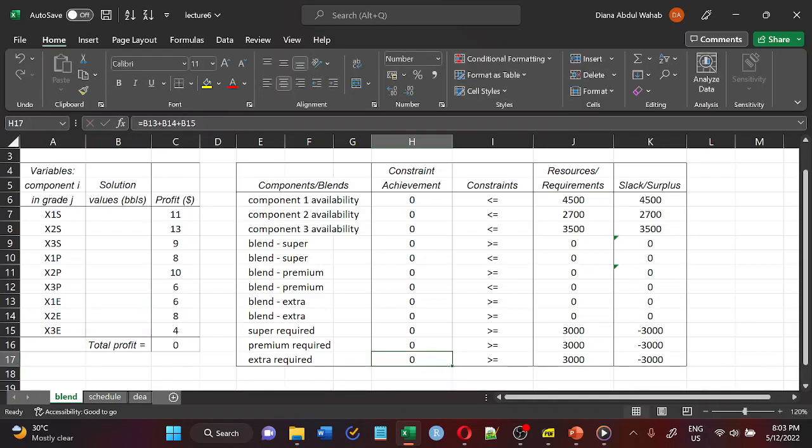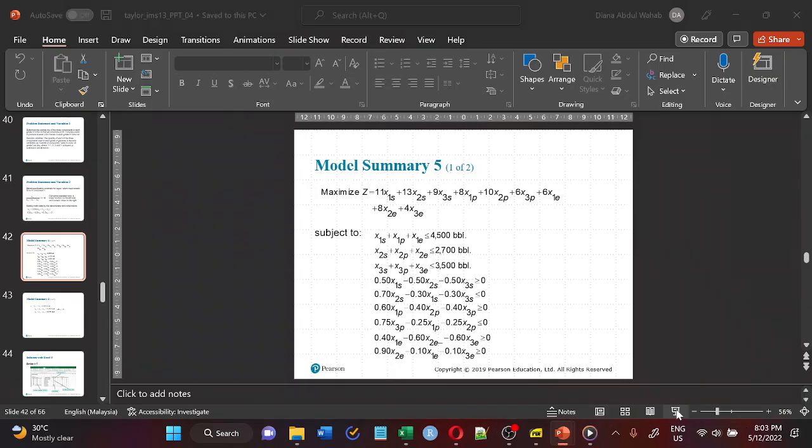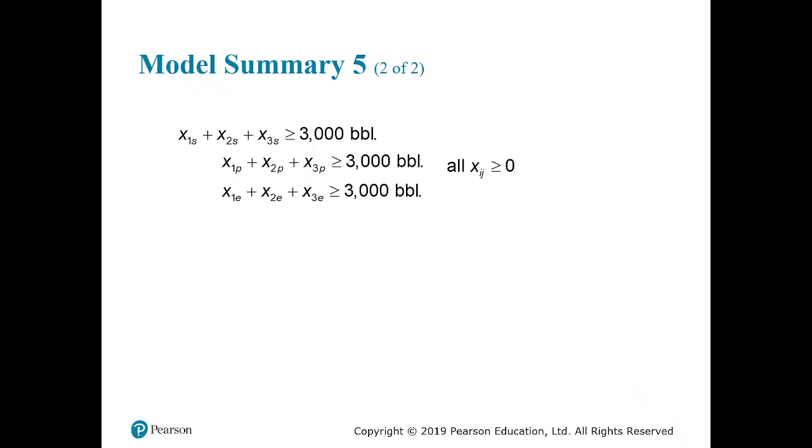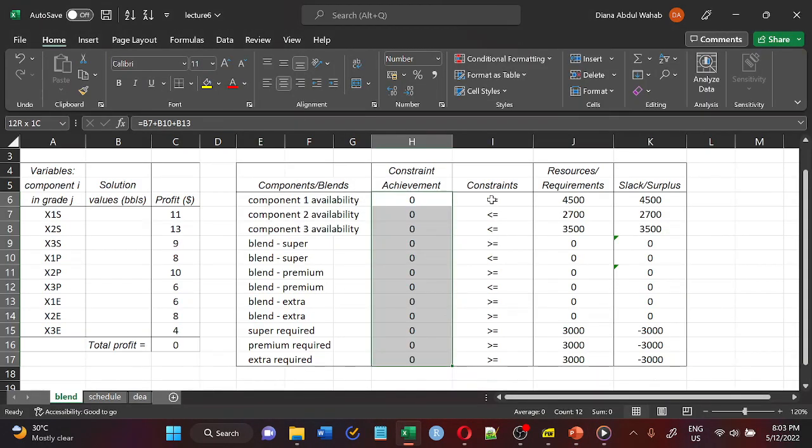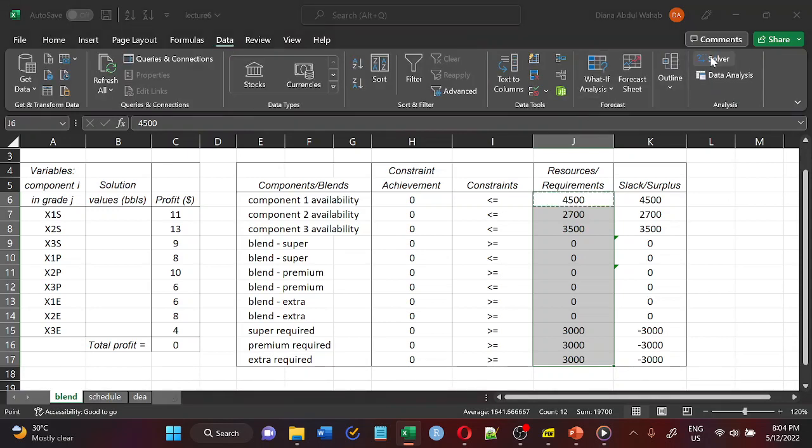Whatever equations or formulas you should put on column H must follow whatever you derived earlier. If you're not sure, you just go back and look at the equations. And these are the signs of the constraints. Again, you have to look at the constraint, and also the number on the right hand side of the constraint.